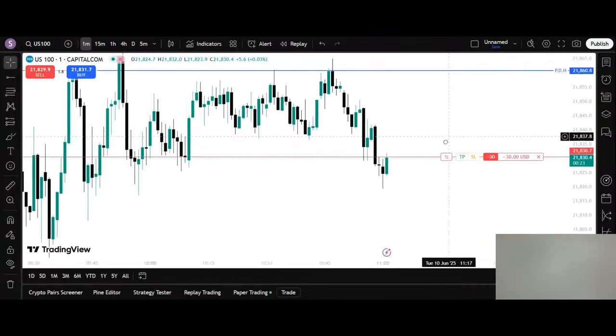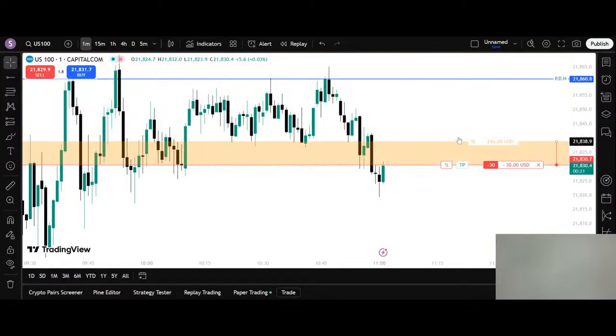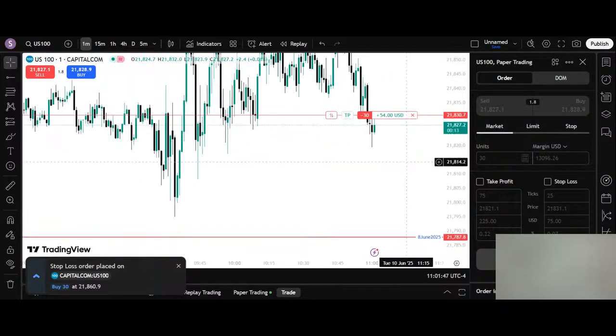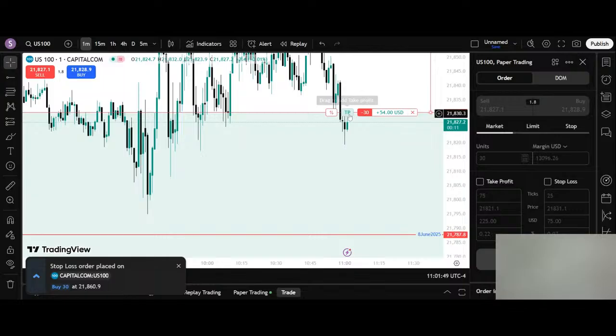I'm in a trade now. I put my SL at 300 ticks around here. My TP will be around 400 ticks right around here.